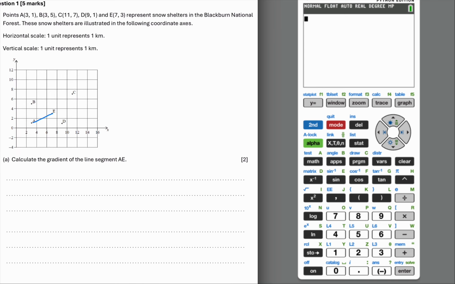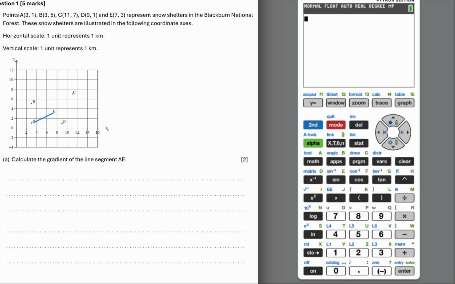So when we're finding the gradient, it is the change in y divided by the change in x. So we can see there, looking at the A and the E coordinates, the change in y is going to be 3 minus 1, and then the change in x is 7 minus 3.